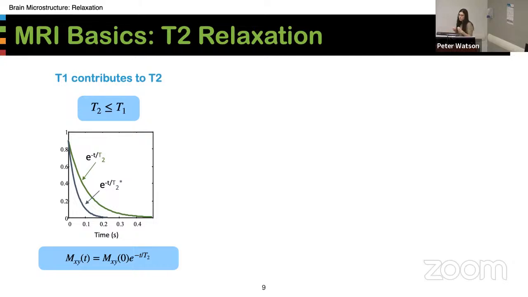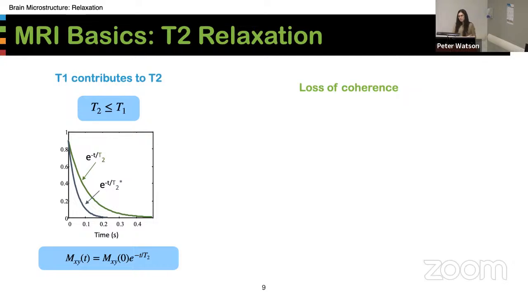So T1 necessarily is contributing to T2, but T2 is smaller than T1. So there's something else that's happening that's making this exponential decay happen at a rate that's faster than T1. So what's happening is something called loss of coherence.